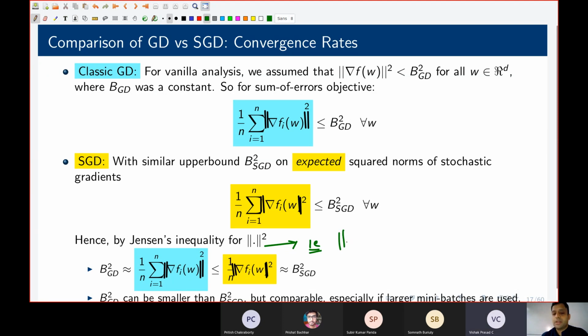Alpha W1 plus 1 minus alpha W2, you can avoid the alpha if you want, is less than or equal to, assuming alpha is between 0 and 1.